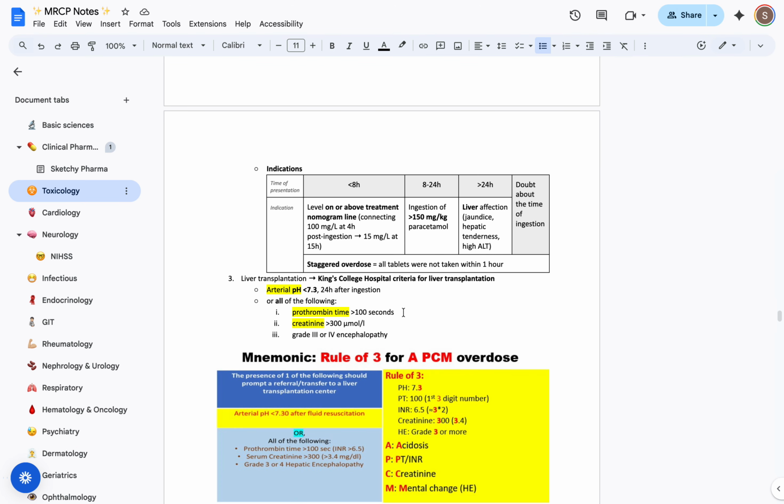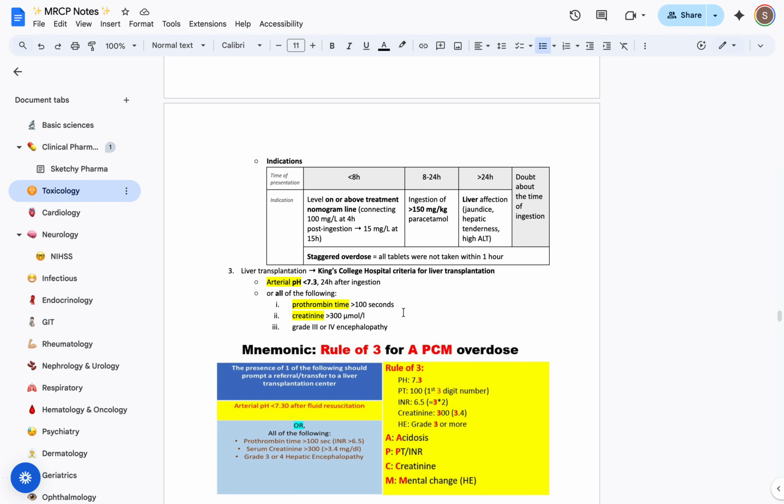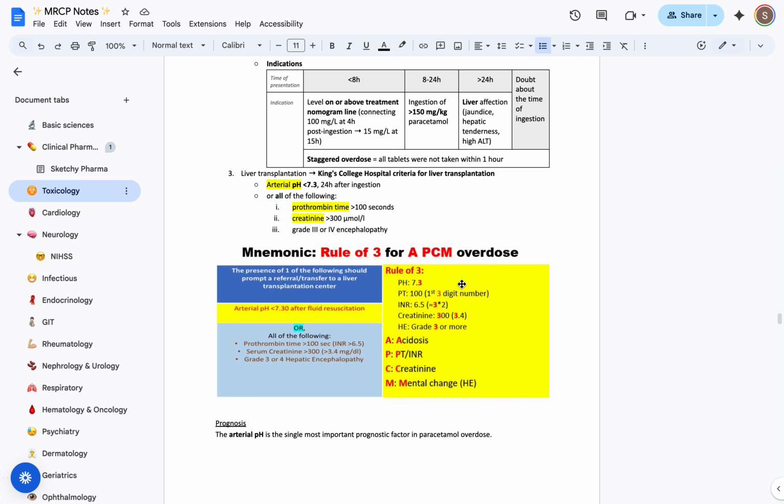Now, there are specific criteria for liver transplantation, which is the final treatment for paracetamol overdose. It's a rule of 3 for a paracetamol overdose. The rule of 3 is that if the pH is less than 7.3, if the PT is more than 100, if the creatinine is more than 300, or if there's grade 3 or more encephalopathy.